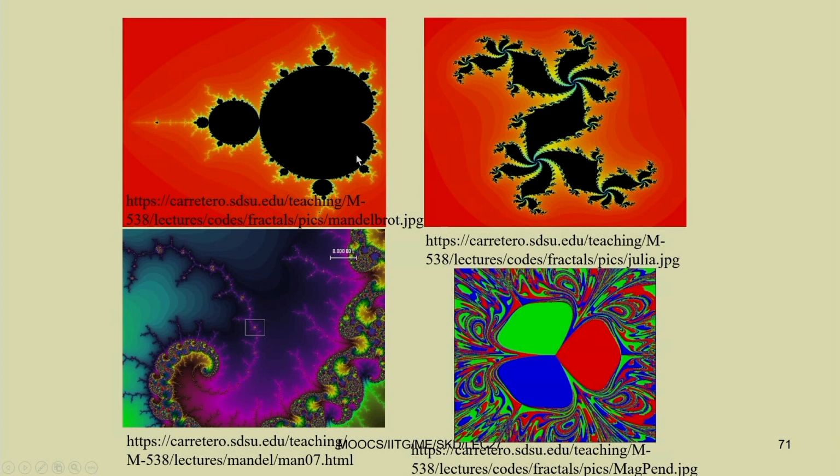For example, this is the Mandelbrot fractal, then this is the Julia set, and you can find fractal pictures for many other different types of fractals or fractal sets. These are self-similar sets which combine to form the chaotic response.